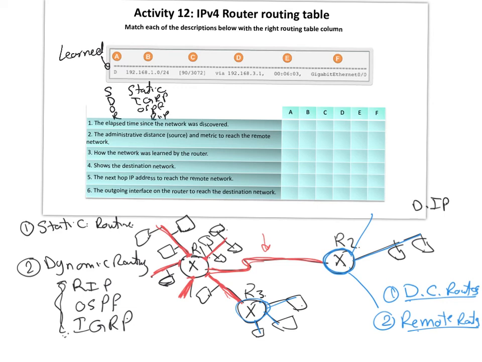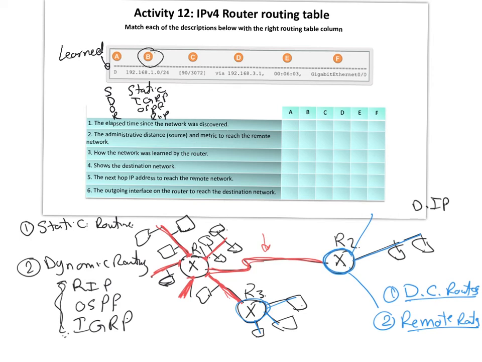Which technically means I could have in the same router, I could start RIP and OSPF. There's no restriction. You can start multiple dynamic routing protocols. So these dynamic routing protocols will try to learn all the routes of the network, and then it will start to insert some route entries in the routing table. Okay? So that's column number 1.